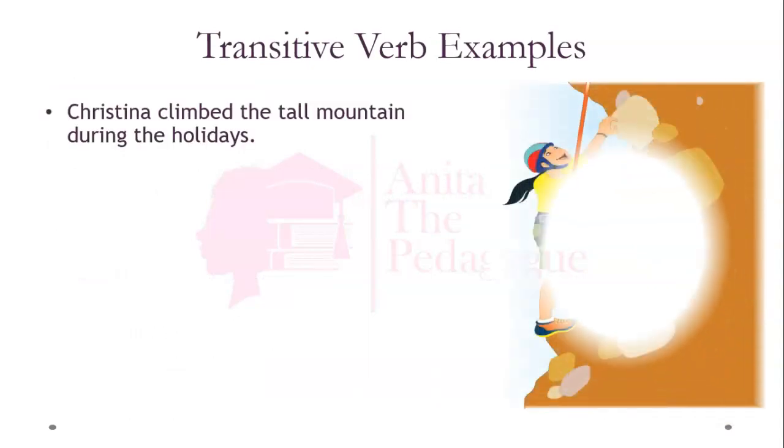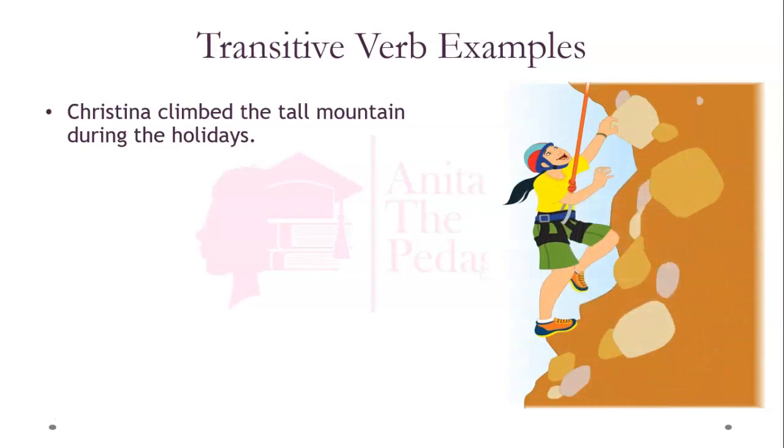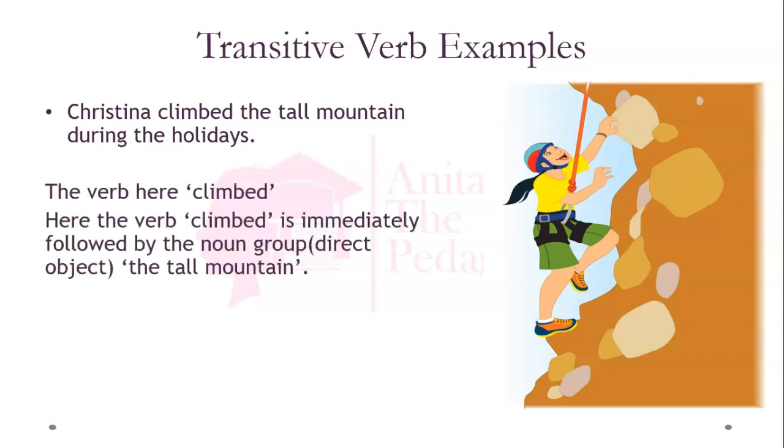Christina climbed the tall mountain during the holidays. Can you identify the verb here? Yes, climbed. That is the action. Now, does this verb allow an object or a noun to follow it? Yes.